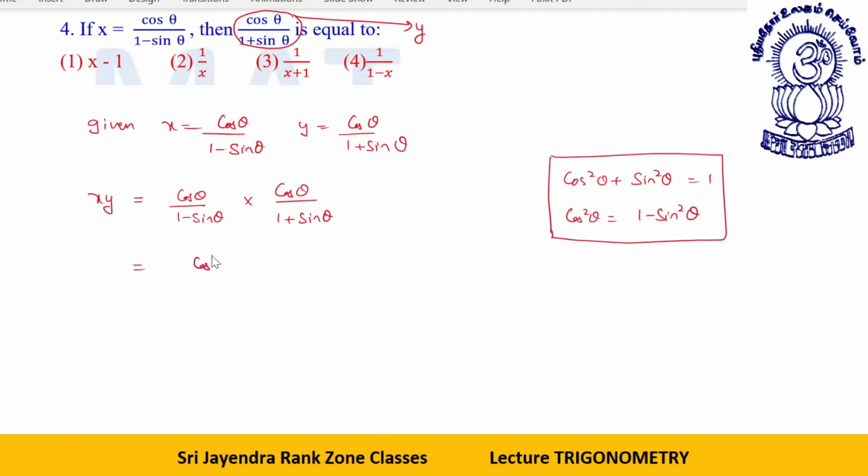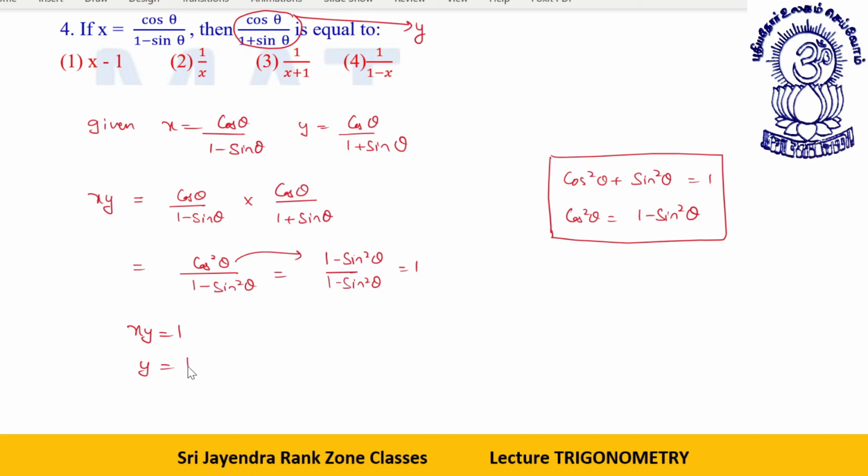This gives me cos square theta upon 1 minus sine square theta. Cos square theta is already there, and it will be better if I write the denominator as 1 minus sine square theta, which is also cos square theta. So this is 1. You get xy is equal to 1.